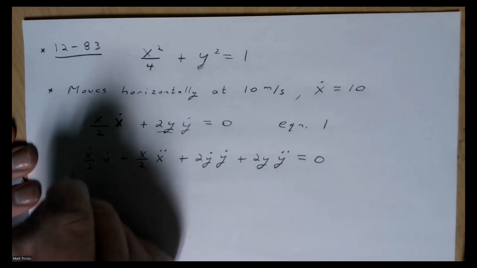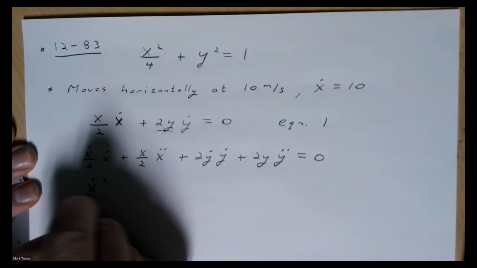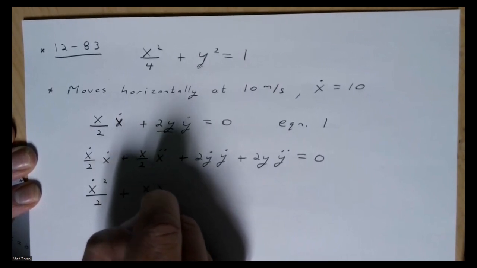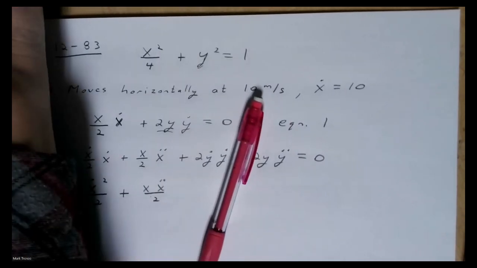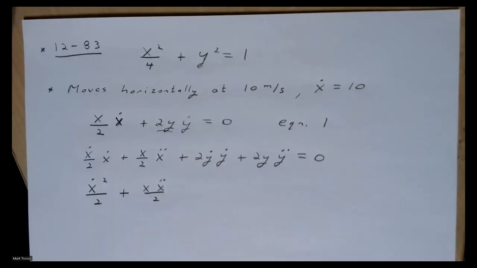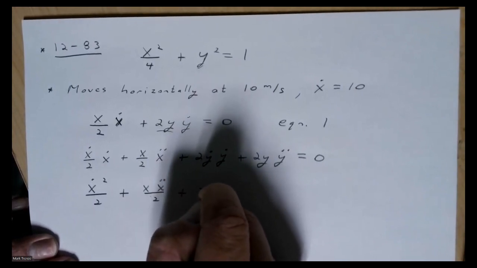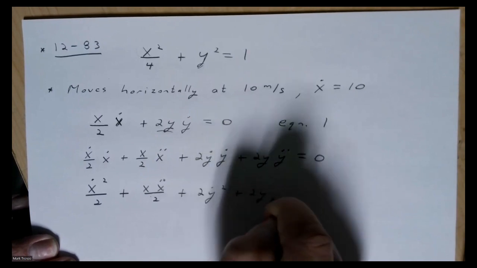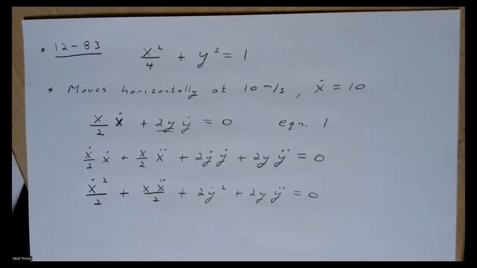We can write these: this is x dot squared over 2 plus x double dot over 2. And we can write this as y dot squared plus 2y, y double dot is 0, like this.